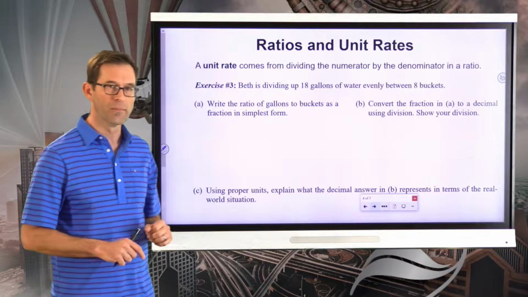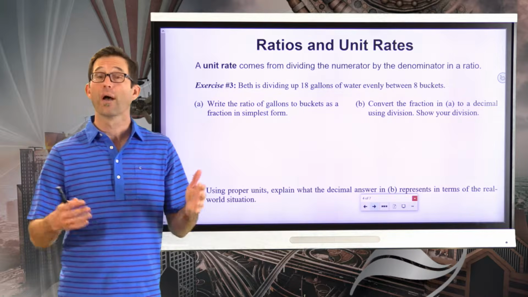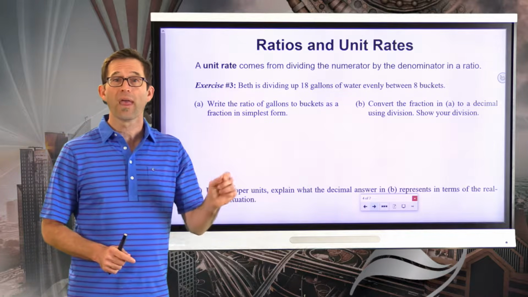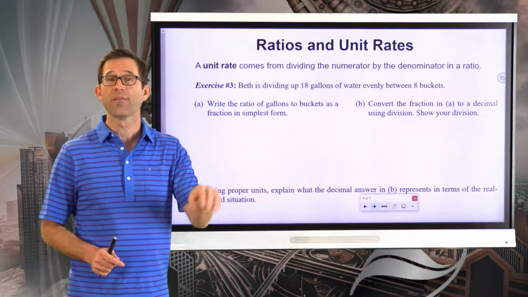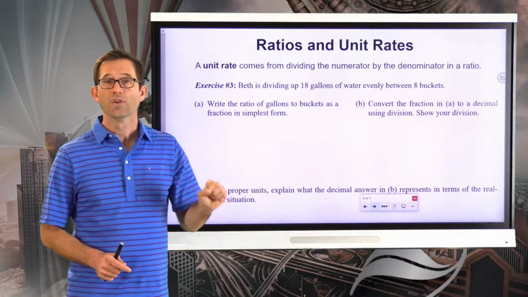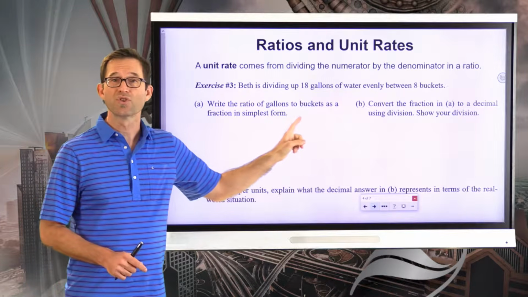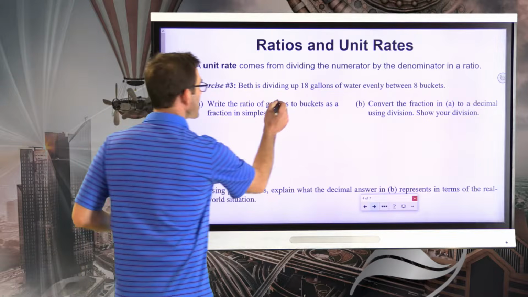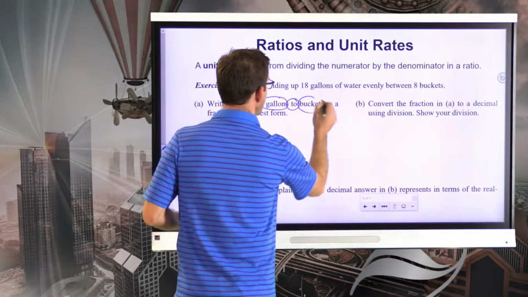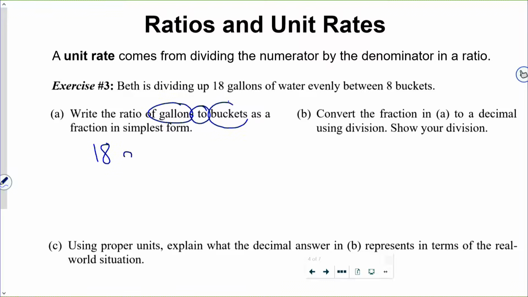So let's talk about this a little bit. Whenever we're writing a ratio as a fraction, when we have A to B, then that's A divided by B. So we're looking at the ratio of gallons to buckets. That's going to be 18 gallons to 8 buckets.